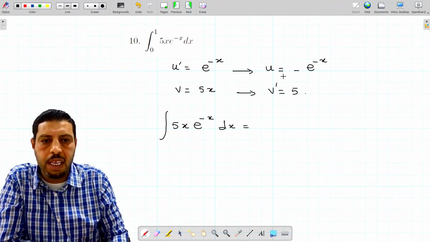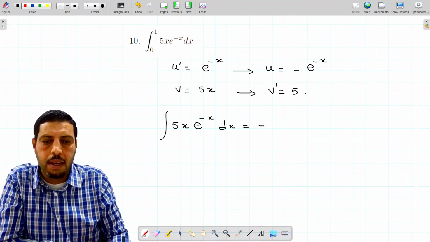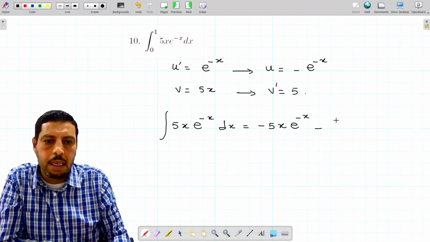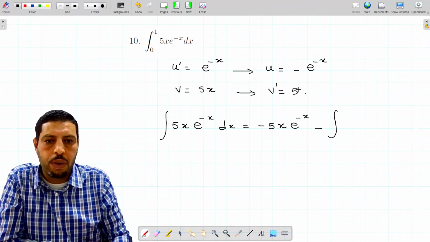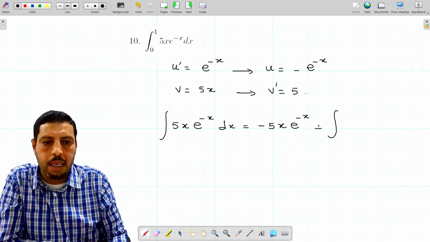It's u times v, so minus exponential minus x times 5x, so it gives minus 5x exponential minus x minus the integral of u times v prime, which is minus 5 exponential minus x. With this minus sign, it becomes plus the integral of 5 exponential minus x dx.